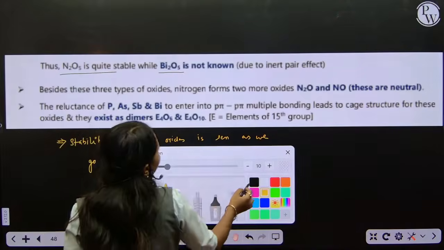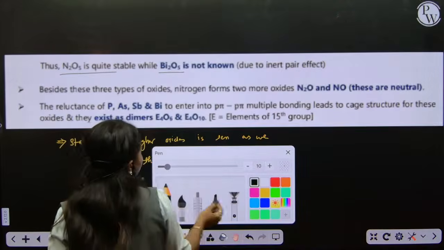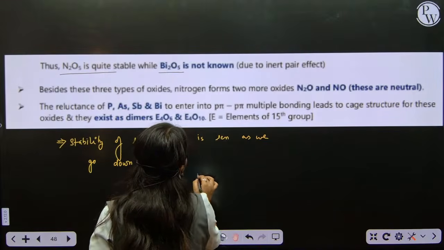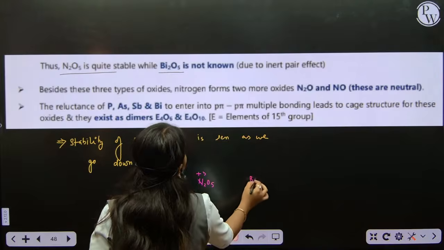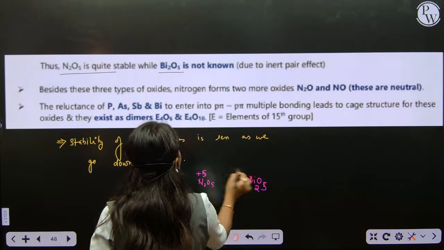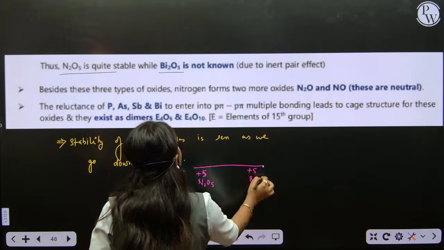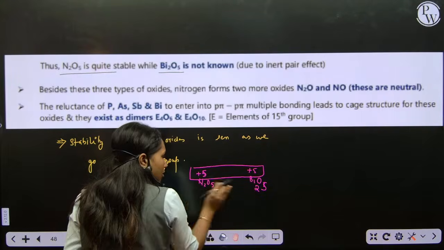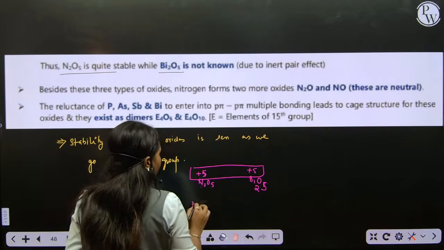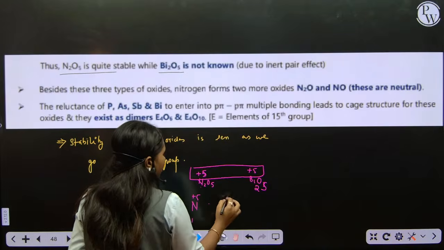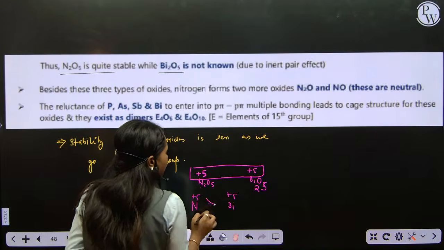Due to the inert pair effect. For example, if you take N2O5 plus 3, bismuth plus 5. Higher oxidation number is more stable for the smaller element. So plus 5 is for nitrogen, and this is more stable.